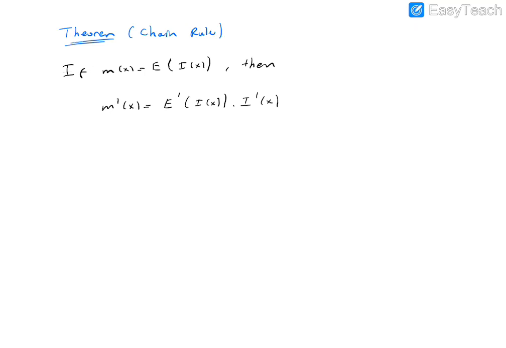So this is the chain rule. But of course, this holds if all derivatives exist, the derivative of e at the point i of x and the derivative of i of x.